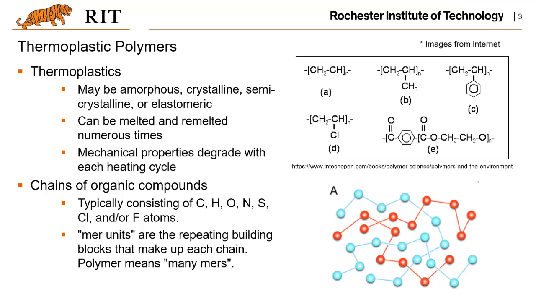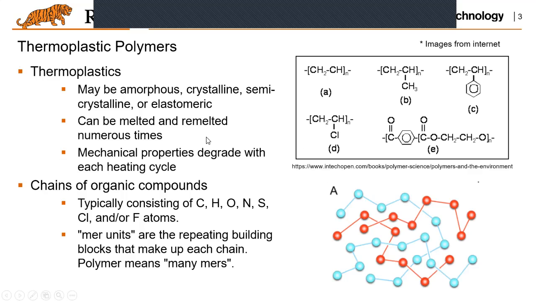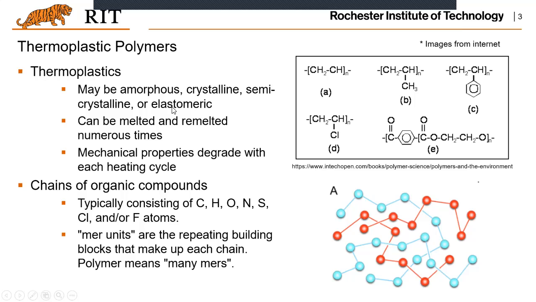The reason is if you look at their chemical structures, you should understand that basically thermoplastics have different types: amorphous, crystalline, semicrystalline, or elastomeric. Both of them could be melted and remelted numerous times, but the mechanical property would degrade with each heat cycle.